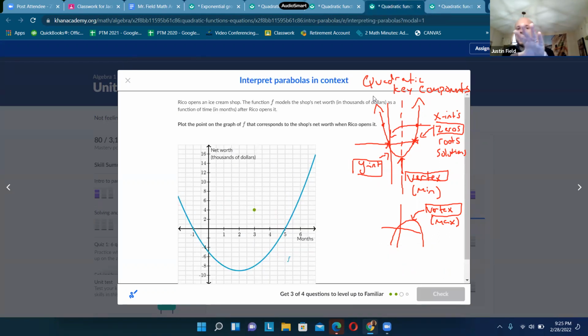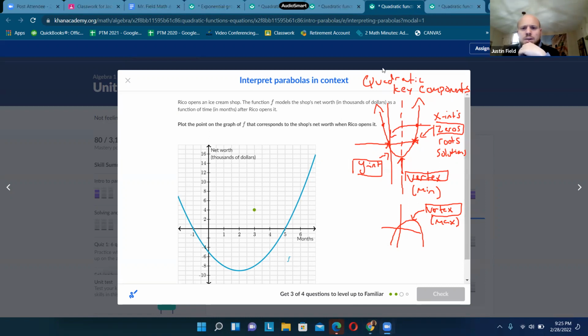Okay, so now we're going to take these key components and use them to interpret situations. So let me just add some things to this. The y-intercept is still the initial amount.